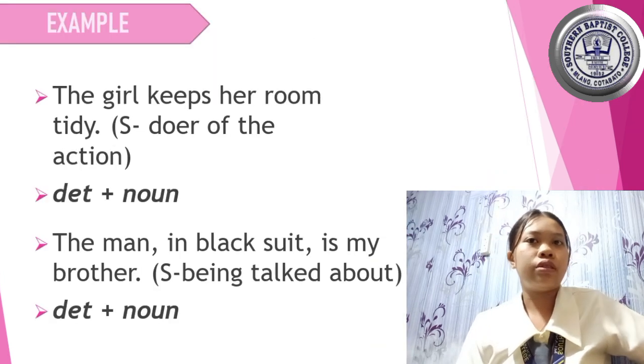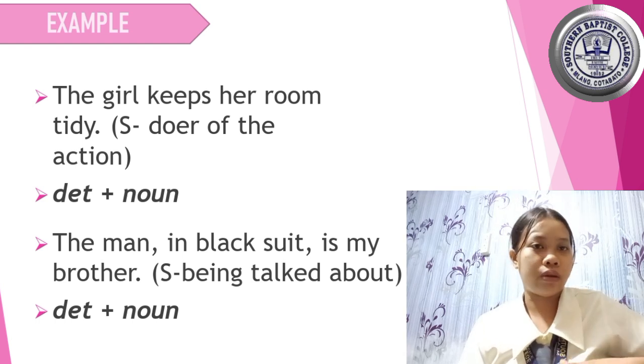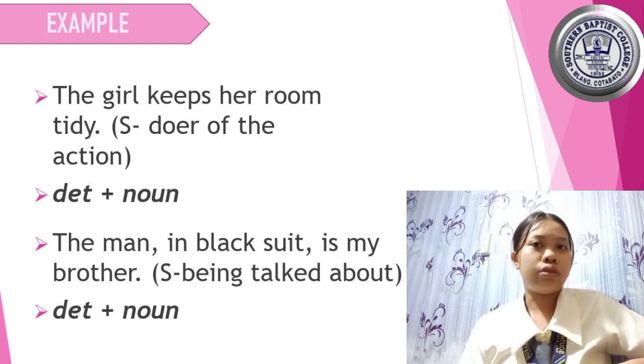Here are the examples. The first is, the girl keeps her room tidy. That's determiner plus noun. The second is, the man in black suit is my brother. That's also determiner plus noun.